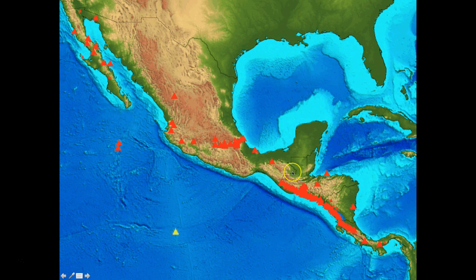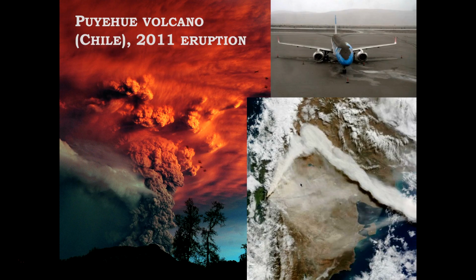It is here in Guatemala that we find the highest volcanic density in the world, meaning that there are more volcanoes per square kilometer here than anywhere else. And volcanic eruptions can be massive. This one is a 2011 eruption that happened in Chile.